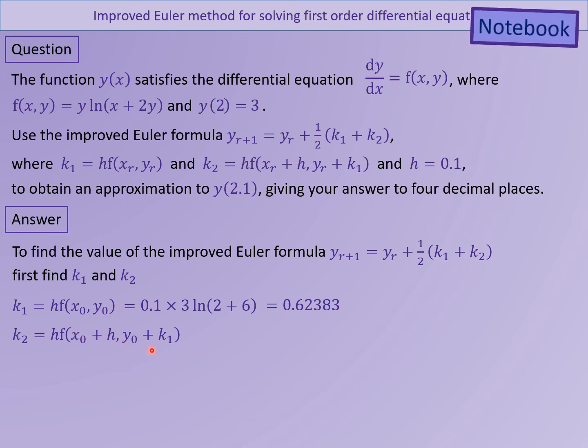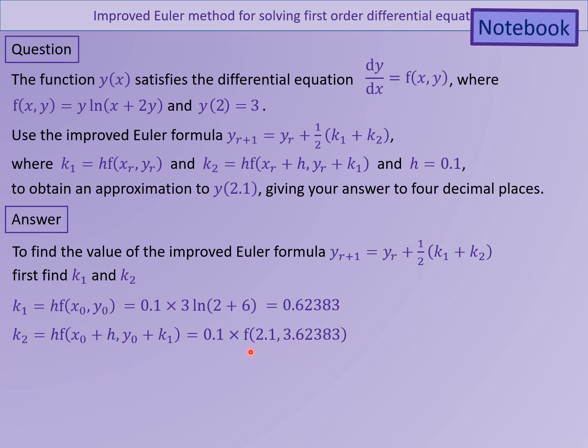And the y value would be y naught, which is 3, plus k1. So it's going to be 3.623. So I'm just substituting both those in and making sure I know which ones I'm actually using. So there we go, 2.1, which is the 2 plus 0.1, and 3.623, because that's y naught, which was 3, plus the previous k value.